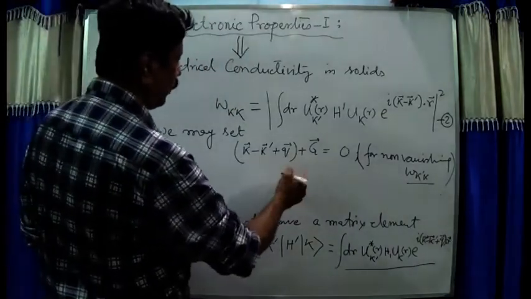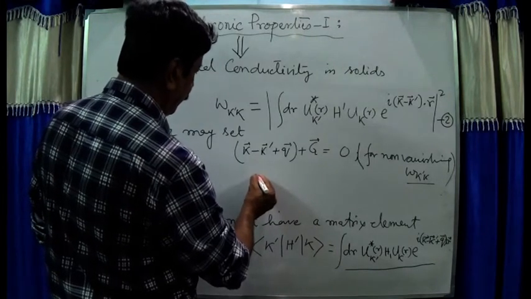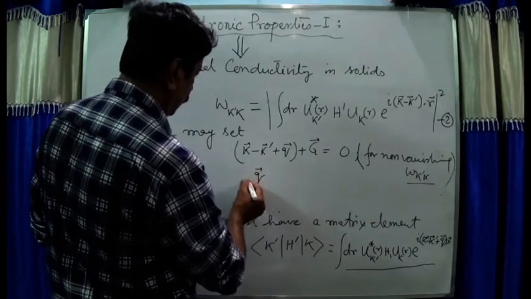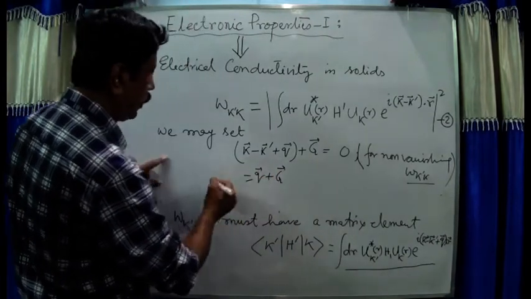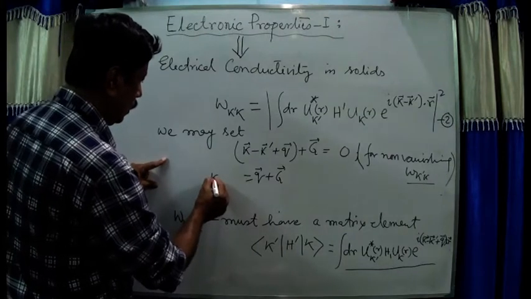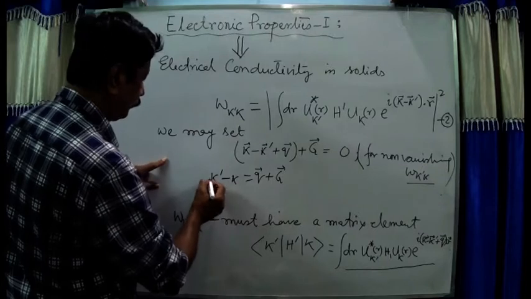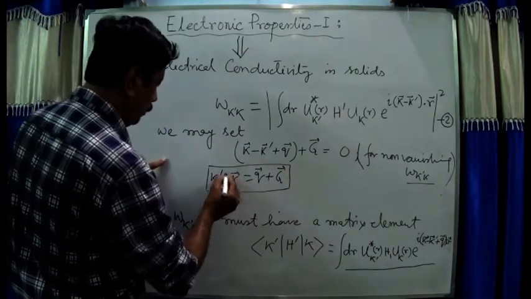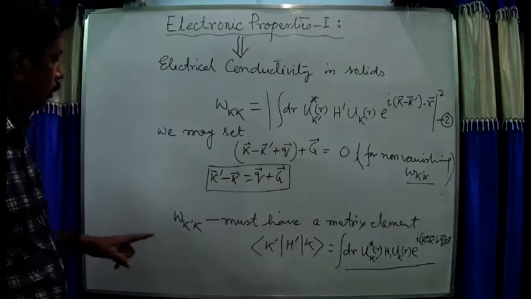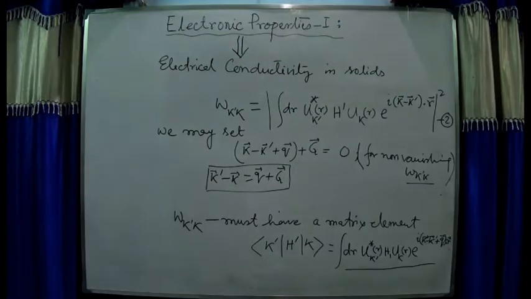So from this relation we can write that q plus G is equal to k prime minus k, which is an important relation which you come across in case of scattering with the phonon.